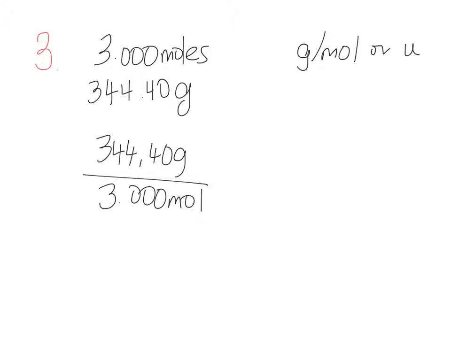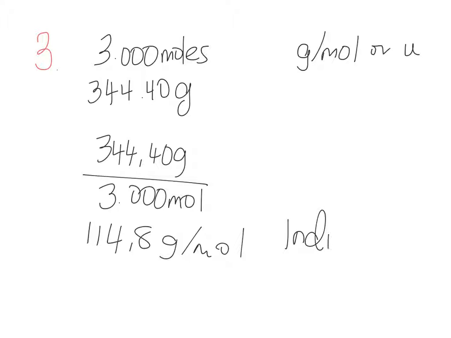So it's going to be about 112. What did you get? 114.8 grams per mole. So now, look in the periodic table. Find who's got the molar mass of about 115 grams per mole. Indium. That's the element.